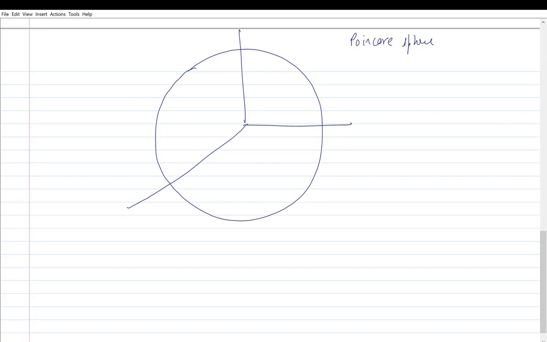So this is the right circularly polarized light, and the orthogonal state to it is the left circularly polarized light. On the sphere, it's 0, 0, minus 1.